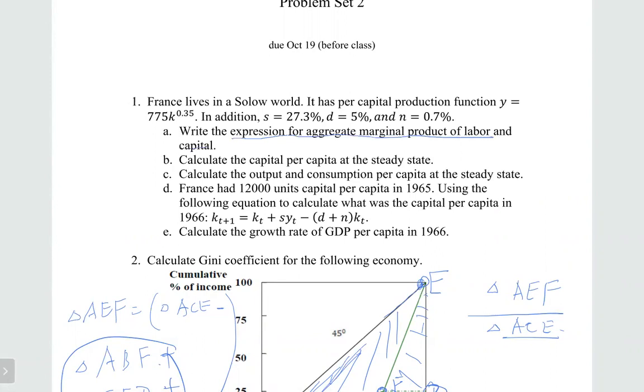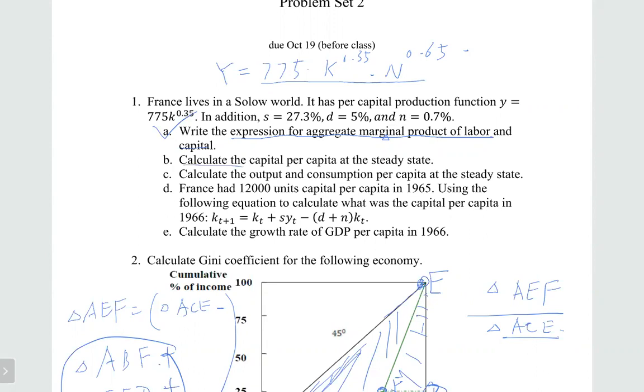The key here is to find the aggregate production function, y equals. You may want to present how you derive this aggregate production function. For marginal product, you just take a derivative with respect to K and then with respect to N separately.